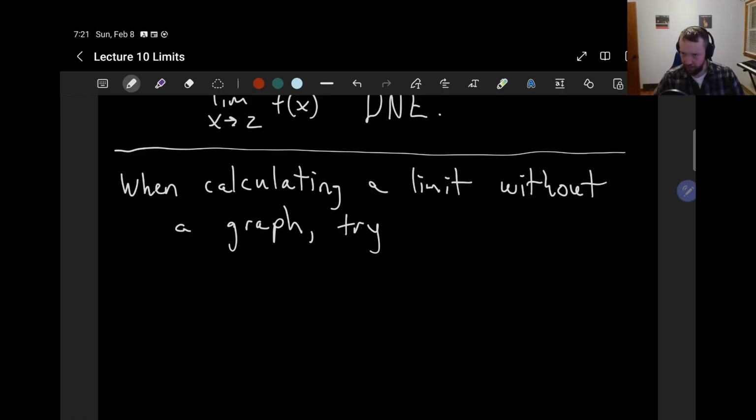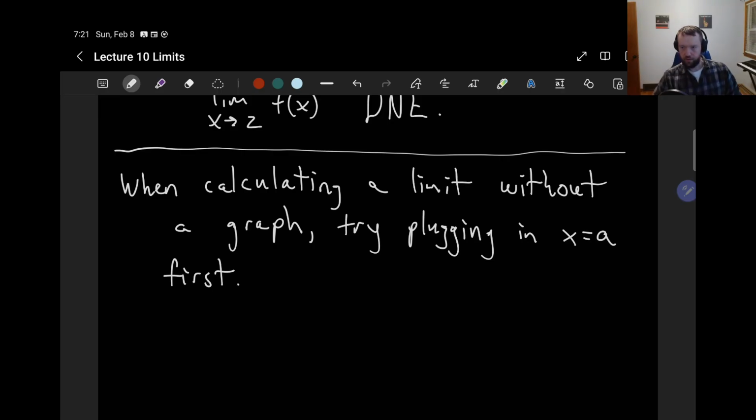Try just plugging in the value first. Plug in x equals a into your expression. Now, admittedly, most of the time this will not work, but sometimes it does, and this is the best case scenario. So you do want to try this first.